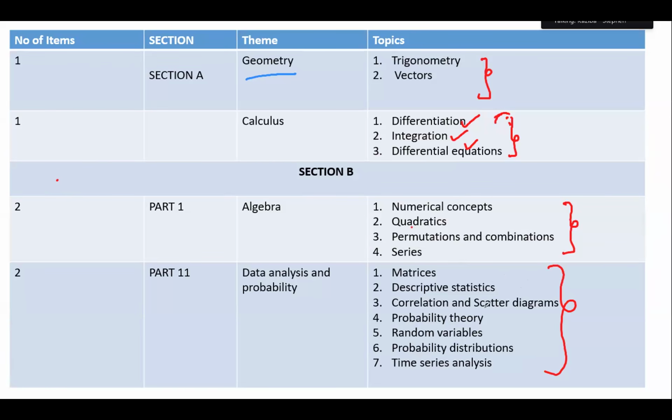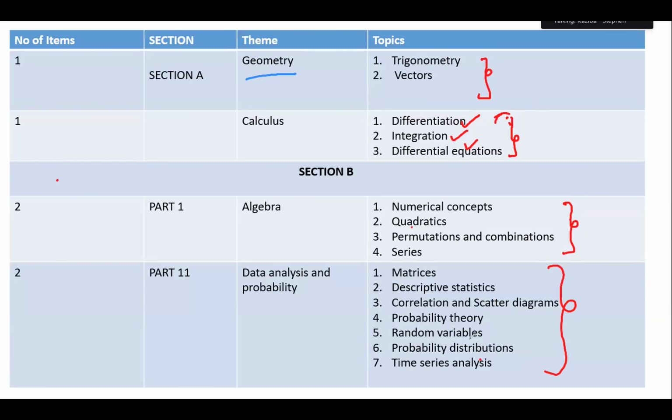Then we have what we call probability theory, and under probability theory, you looked at conditional probabilities, you looked at tree diagrams, then you went on to random variables, probability distribution, and then the time series analysis. Now, those are the topics, and that's how your paper is going to be structured. What does it mean?